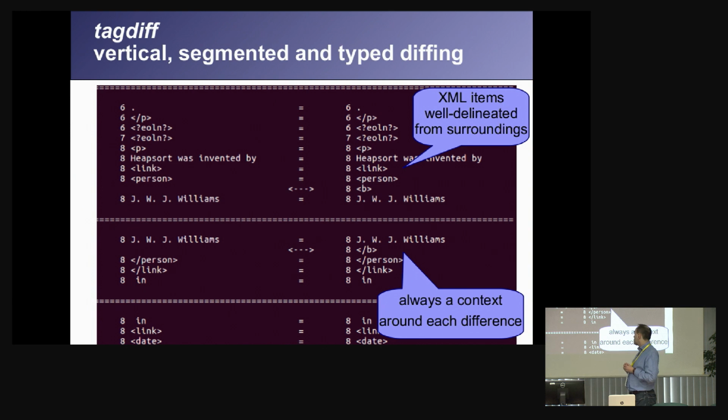The differences are highlighted by the angle bracket symbols, and the equal segments are marked by an equal symbol. So Tagdiff does segmented diffing. As you can see here, the documents are not showed as is or as big blobs of undifferentiated text. The documents are split into small segments.